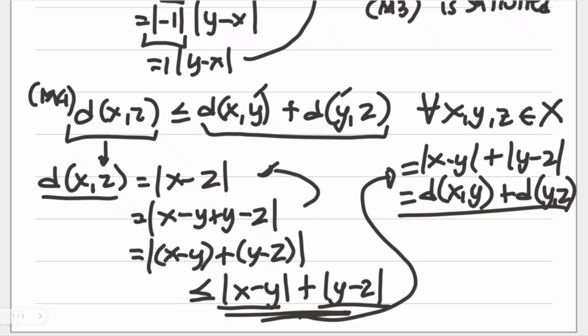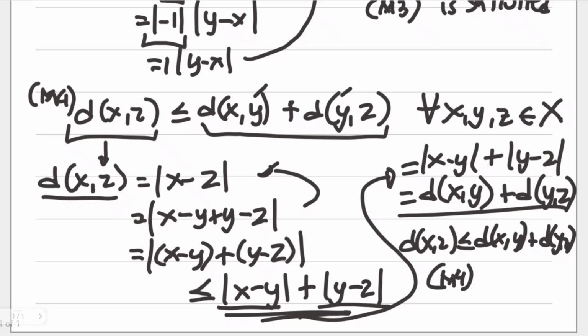Hence, we can establish that the distance of x and z is less than or equal to the distance of x and y plus the distance of y and z. So again, this establishes that the distance of x and z is less than or equal to the sum of the distance of x and y and the distance of y and z.